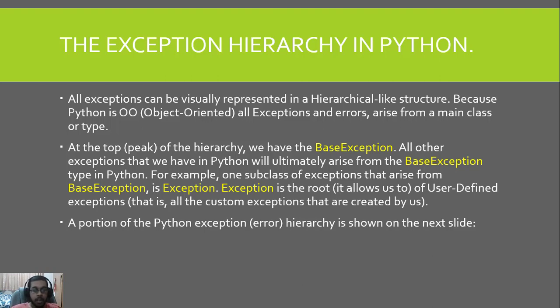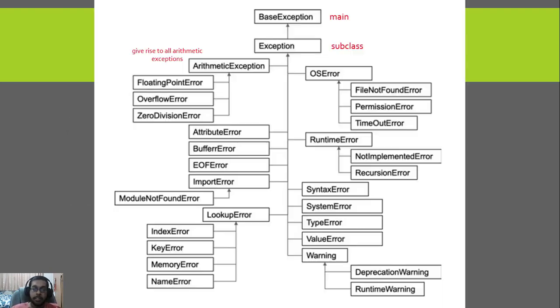For example, one subclass of exceptions that arise from base exception is exception. Exception is the root of user-defined exceptions, that is, all the custom exceptions that are created by us. A portion of the Python exception error hierarchy is shown on the next slide.